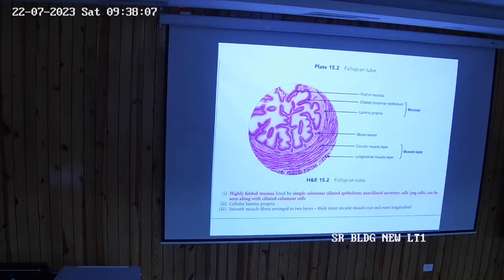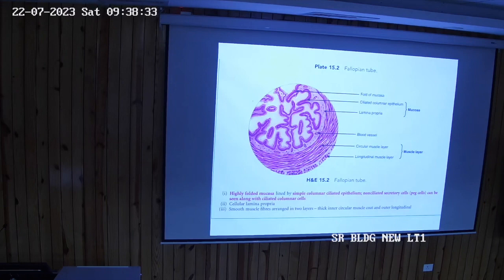The function of the uterine tube or fallopian tube: it is providing nutrition to the ovum or to the zygote. One thing, it is providing nutrition to the ovum or the zygote.